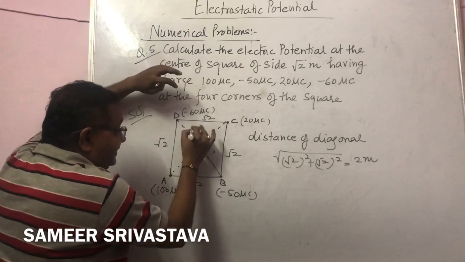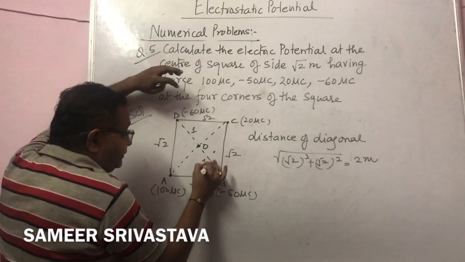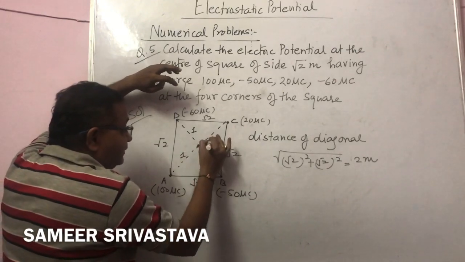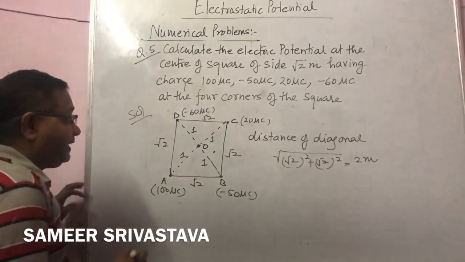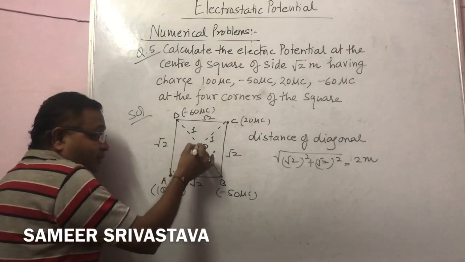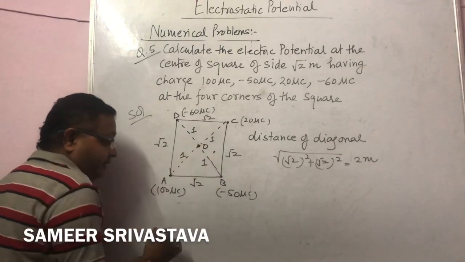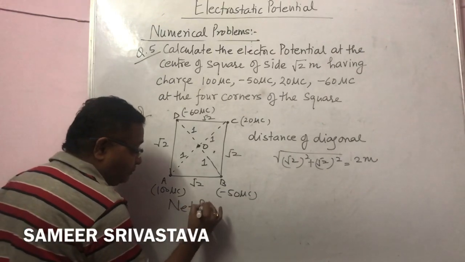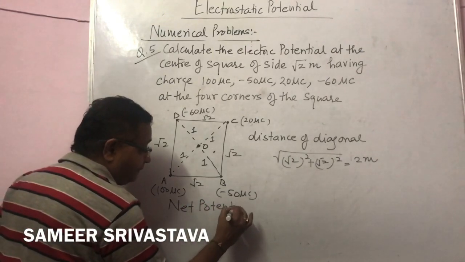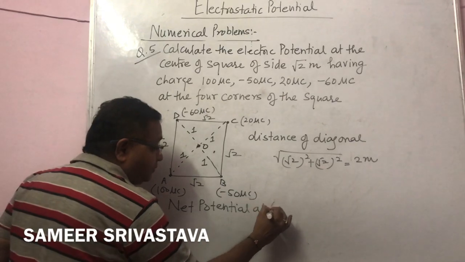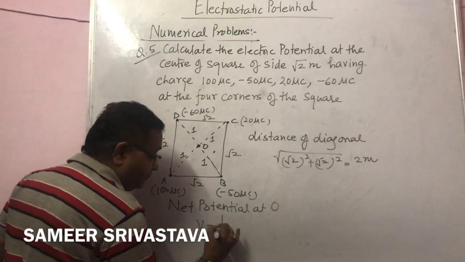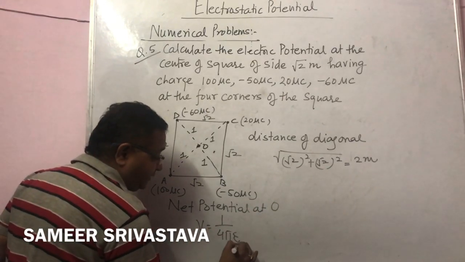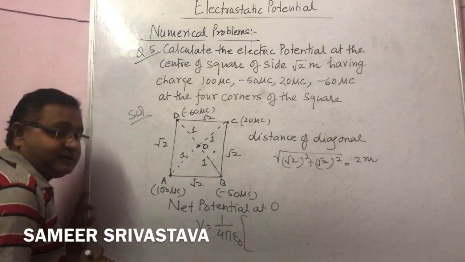If this is the center, it becomes 1 meter and 1 meter on each side. Now finally, since these charges produce potential at that point, we can write the net potential at O. V is equal to 1 upon 4 pi epsilon naught, which is common for all the potentials.